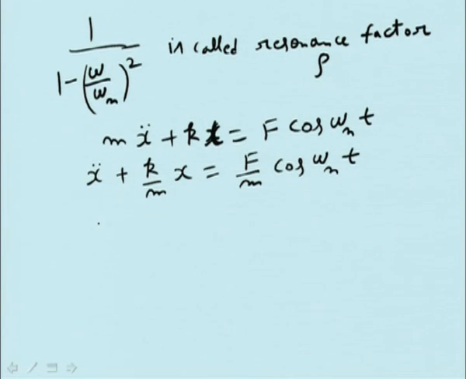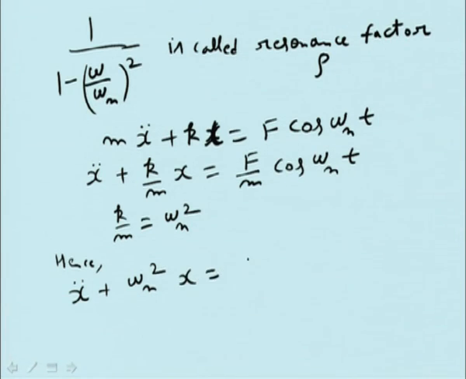Now k by m is equal to omega n square. Hence, x double dot plus omega n square x is equal to F by m cos omega n t. This is the differential equation which has to be solved.